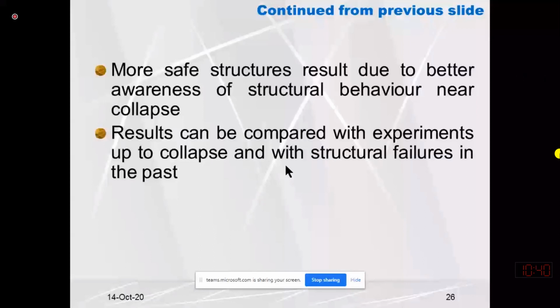But in LRFD, for example, if you have designed a member for 100 kilonewton, when you actually test it in the lab, the capacity may be 110. So it is closer. And also, if you are overloading it, you can observe whether the failure is a shear failure or lateral failure.